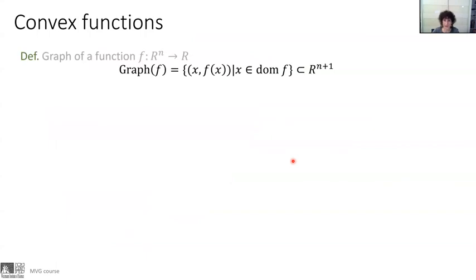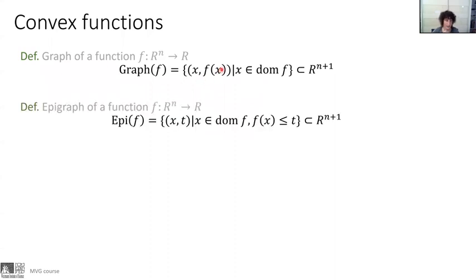Another very nice issue of convex functions, which is related to quasi-convex functions: we are all familiar with the term graph, when we look at a pair of points x and f(x). But there is another notion called the epigraph, which is the points (x, t) such that x is in the domain of f and f(x) is smaller than t, and it looks like this.